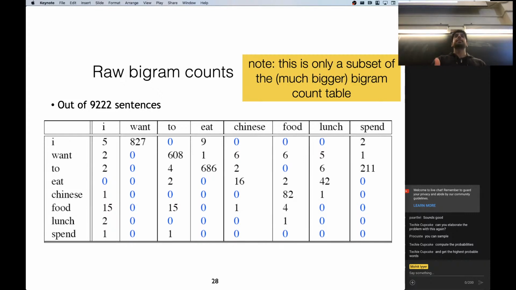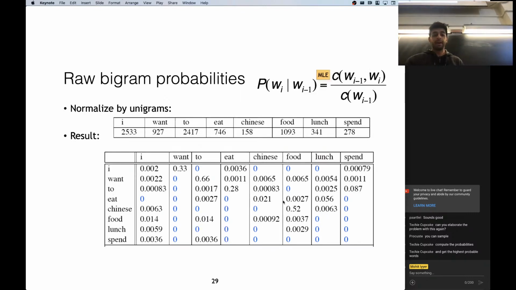So this example that they show is just a subset of obviously a much, much bigger table. So if you actually compute these probabilities using just the information you have, you won't get these numbers here. These numbers are reflective of the overall bigram table. Yeah, you can see that the probability of "want" given "I" is 33%. The probability of, let's see, are there any interesting ones?